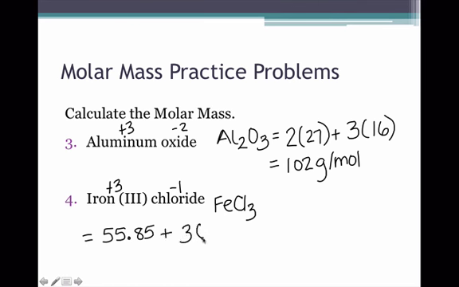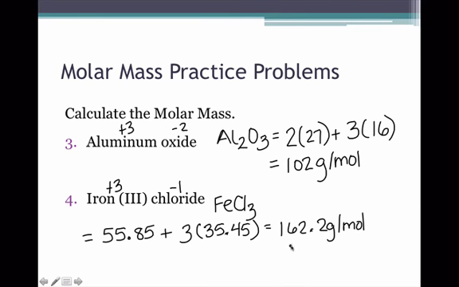Plus 3 chlorines, and if I look at the chlorine, it's 35.453. If I round that to the hundredths place, it would be 35.45. Again, that one is not within a tenth of a whole number, so I've got to keep those 2 decimal places. And when I put that into the calculator, I get 162.2 grams per mole.